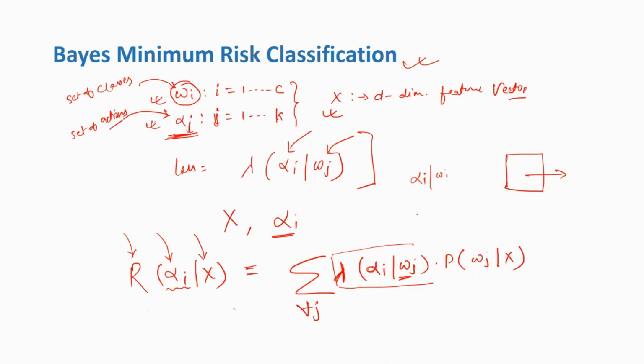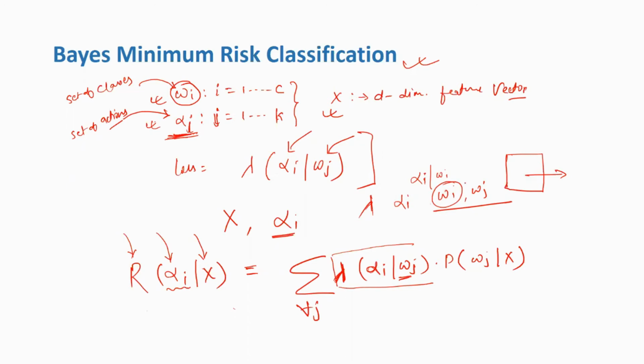When it belongs to the same class, then we cannot say this is a loss. Here lambda is the loss, alpha is the action taken, and omega j is the class. While taking the action alpha i, when it is classified as omega i only, then there is no loss.